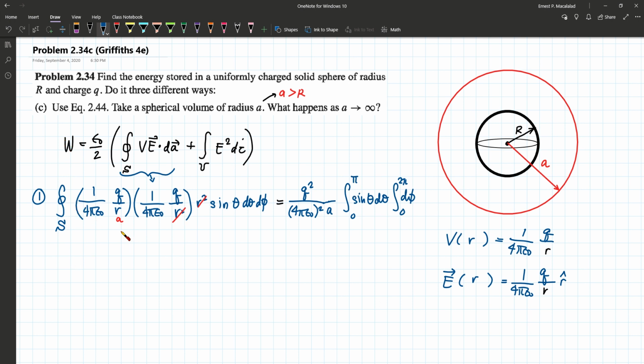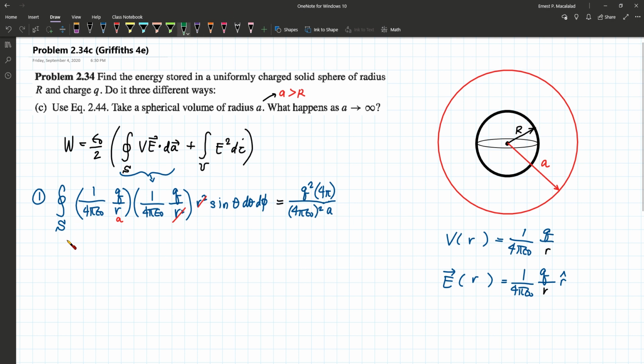So the first term is equal to Q squared times 4 pi over the rest of the constants.